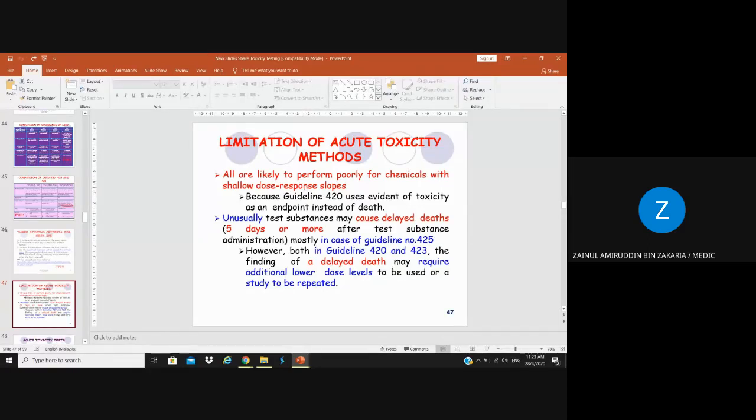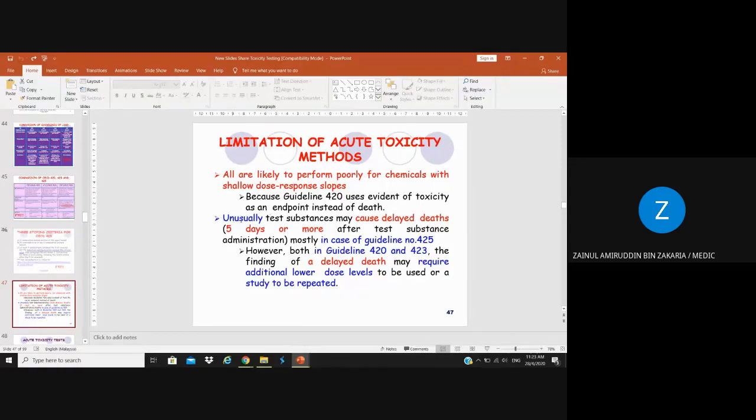But actually at 10 to 20, there is a toxic effect. So this kind of toxicity did not give you completely accurate results.